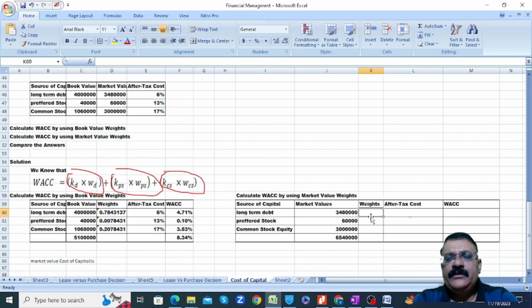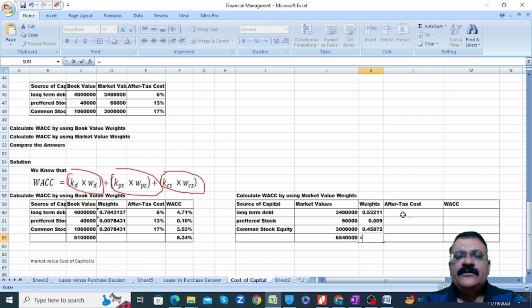Now we will compute the weights. Debt divided by total capital structure, preferred stock divided by total capital structure, common stock divided by total capital structure. हमने market value weights compute कर लिए.